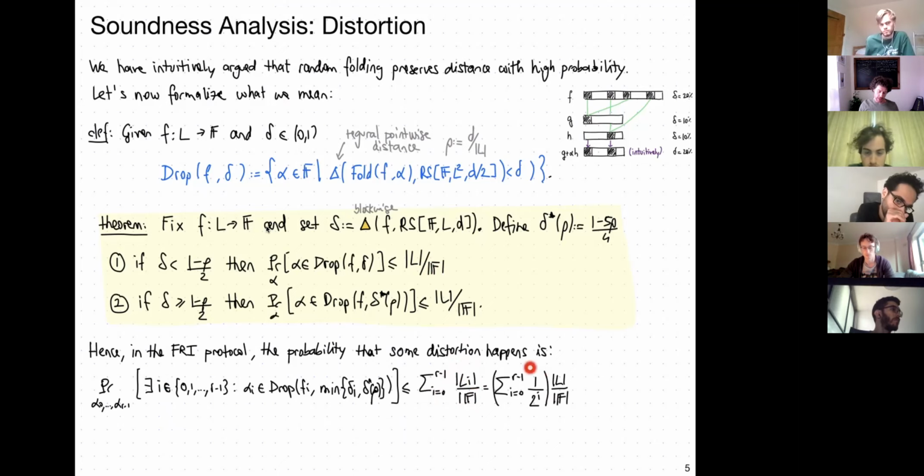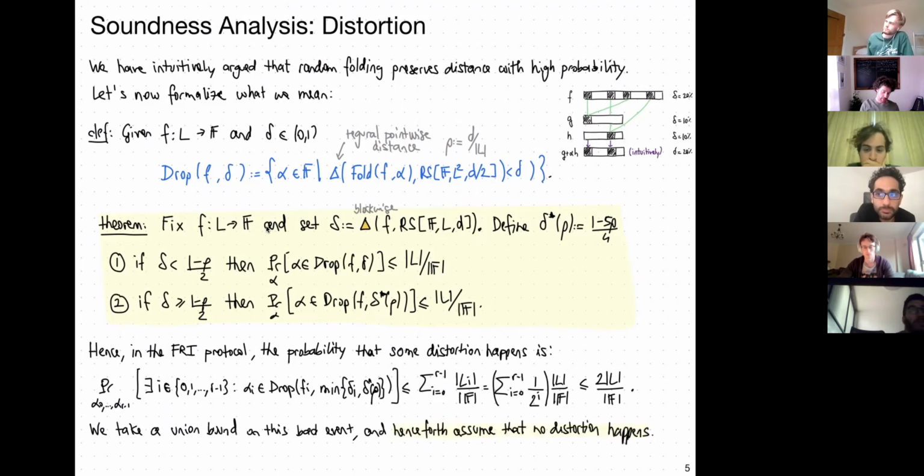To write it more explicitly, L_i is L divided by 2 to the i. So nothing really happens here. The entire probability that distortion happened is 2L over F. So as long as F is a million times larger, this will happen with just a tiny probability, and we don't have to worry at all.